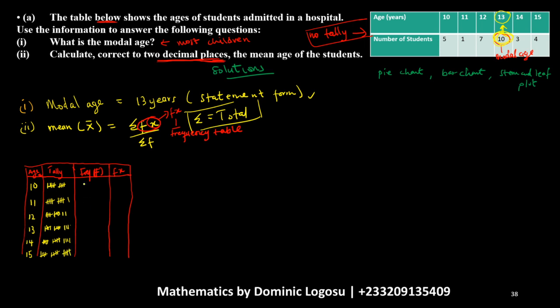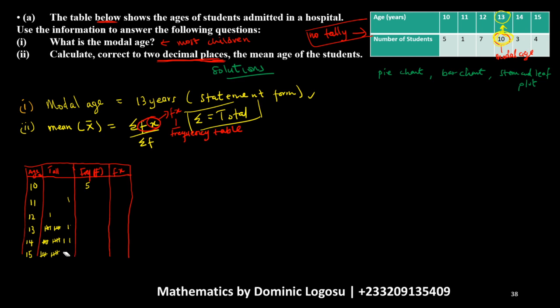So now we'll go ahead and write our frequency. Now it becomes frequency. Oh, sorry. The tally is not supposed to be like that.